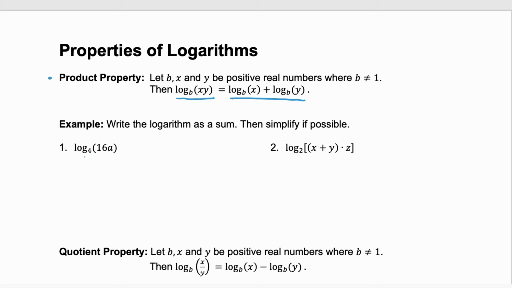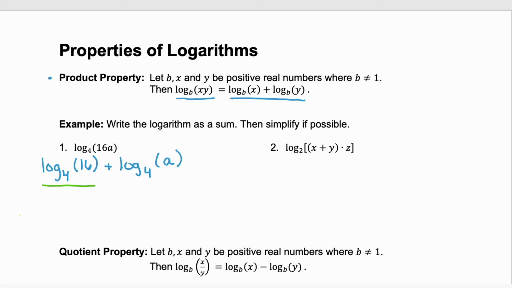Example 1, we have log of base 4, and the argument is 16 times a. We can break that up into two logs. Log of base 4 with argument 16 plus log base 4 argument a. We're not finished though, because we can simplify this very first log.